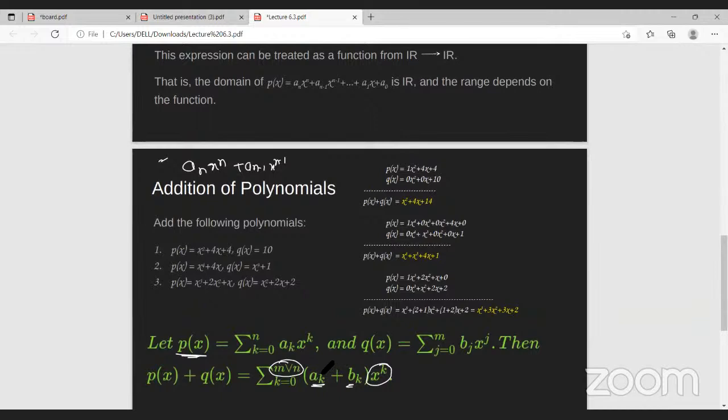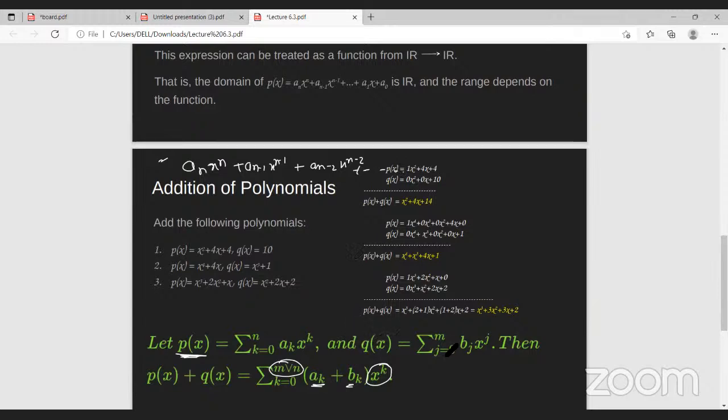Anyone have any doubt in this part? Sir, I don't understand. Can you explain it? See, what p of x is indicating is this general equation, right? Here a n x to the power n plus a n minus 1 x to the power n minus 1 plus a n minus 2 x to the power n minus 2 and so on, right?